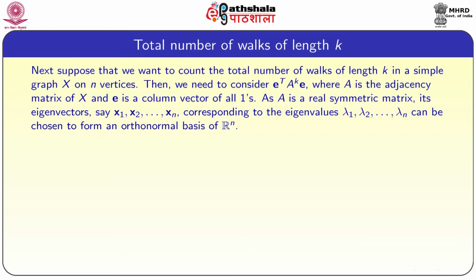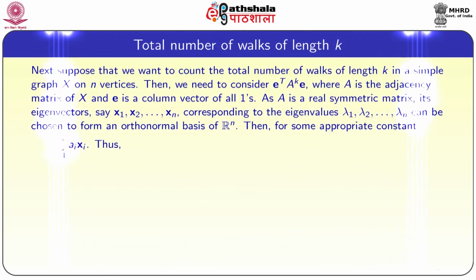As A is a real symmetric matrix, its eigenvectors x1, x2 and so on xn corresponding to the eigenvalues lambda 1, lambda 2 and so on lambda n can be chosen to form an orthogonal basis of R^n. Then for some appropriate constants ai, e is equal to the summation i = 1 to n of ai xi, where again recall that bold e is the column vector with all ones.